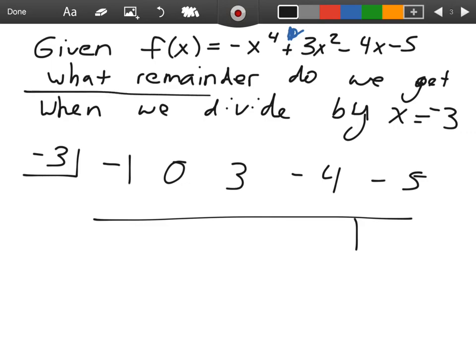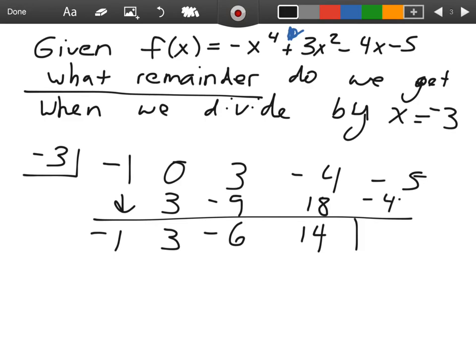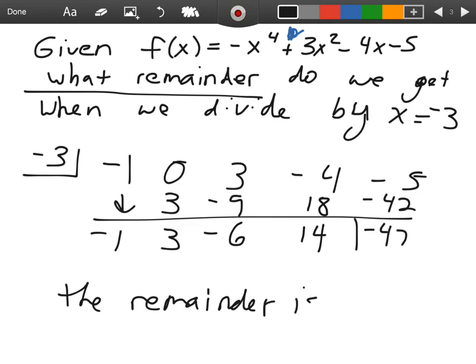This only asks what's the remainder. Okay, so when we get done with this guy, all we care about is the remainder. And then 14 times -3 is -42, so we get -47. So the answer to the question is the remainder is -47.